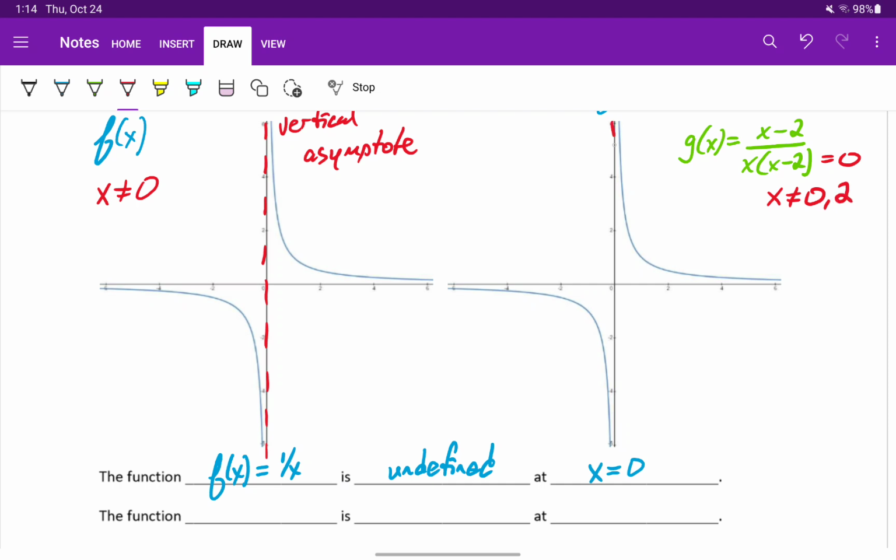At x equals 0, we see the same behavior that we had with the graph on the left. We have a vertical asymptote at x equals 0, but what we don't see clearly in this picture is what's happening at that other restricted value of x equals 2.